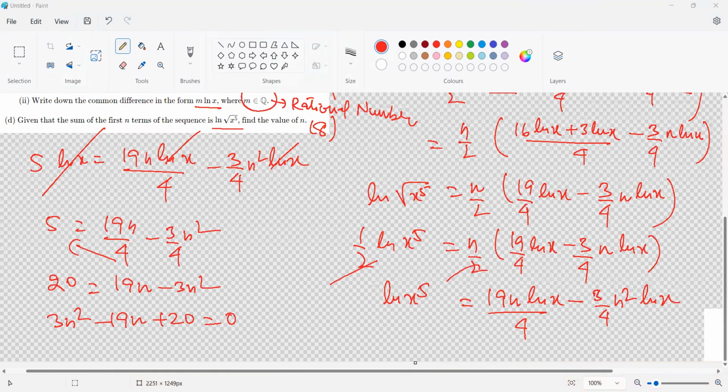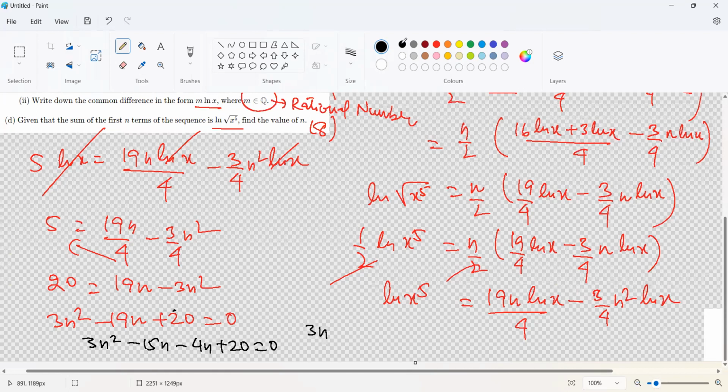So how do I simplify this? 3n square. 15 times 4 is 60, because 20 times 3 is 60. So it will be 15n minus 4n plus 20 equal to 0.